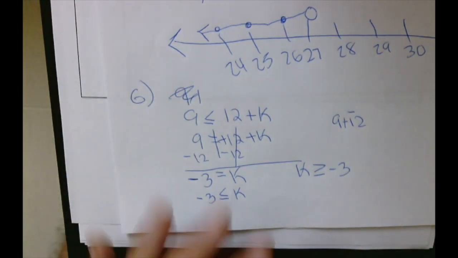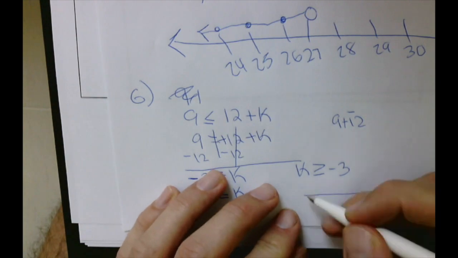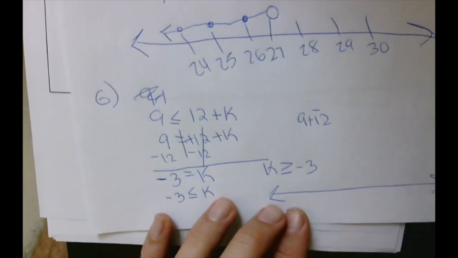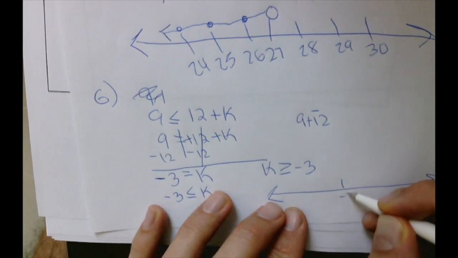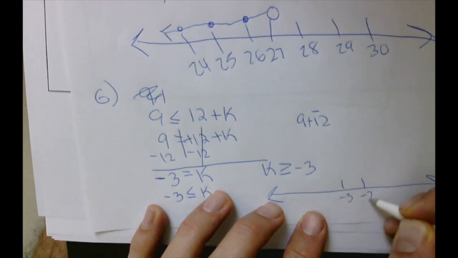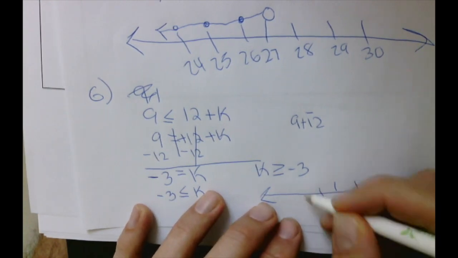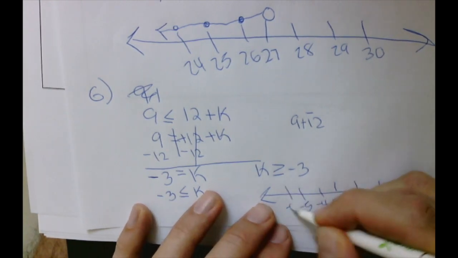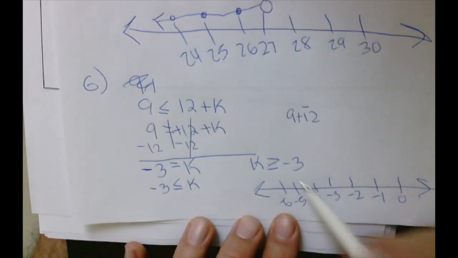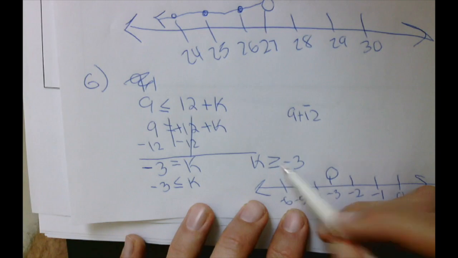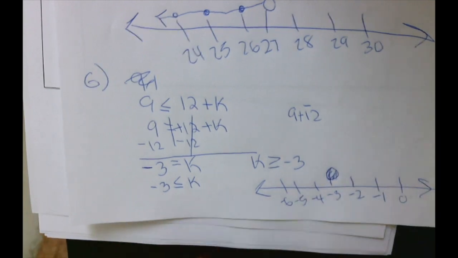Let's draw this on a number line. I'll go 3 bigger than negative 3 and 3 smaller. I'll place my number on negative 3, and I'll fill it in because it's a closed circle. And my solution is included.